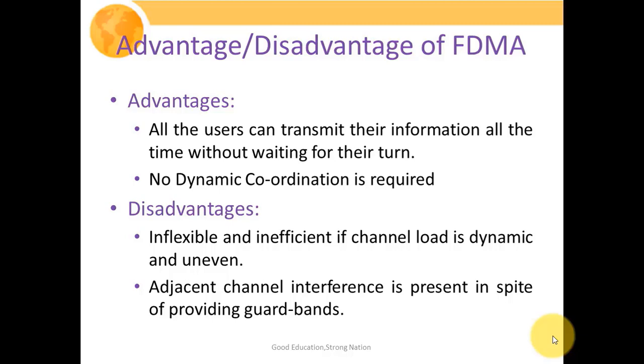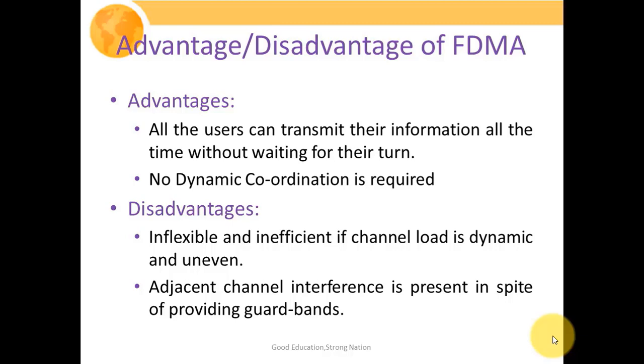That is, at certain times it generates more information, at certain instants lower amounts of information, and even sometimes it is not generating any information at all. During the time when the user is not generating any information, we have still provided those frequency bands to that user, which is inefficient utilization of the available spectrum.